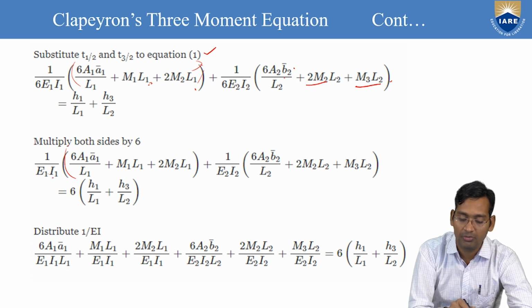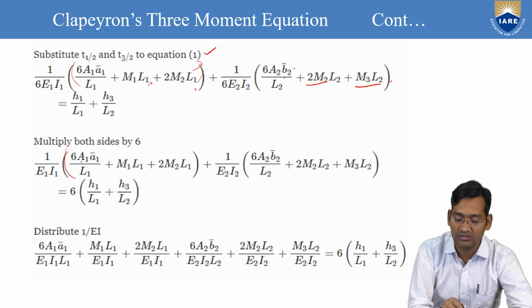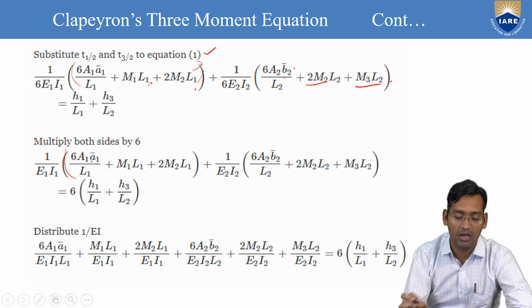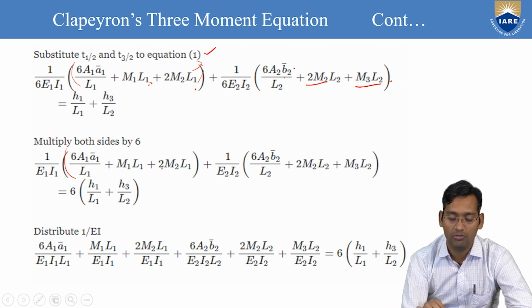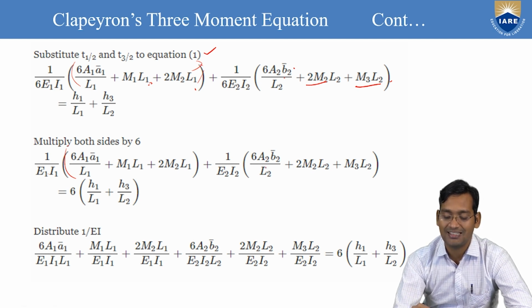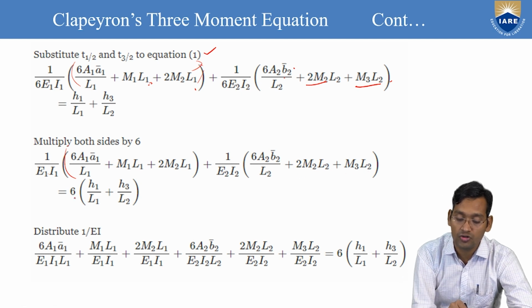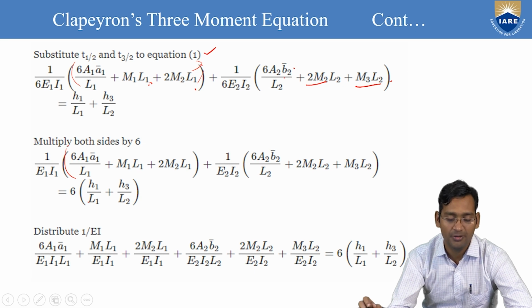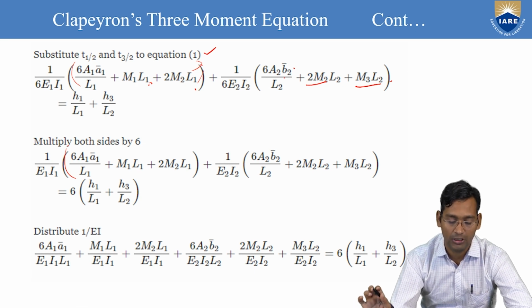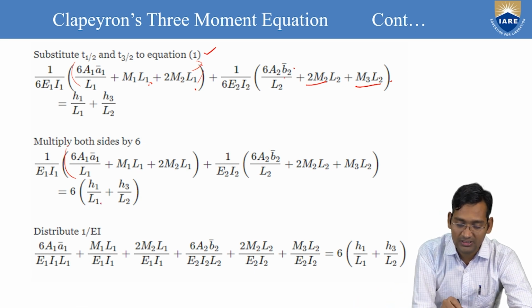So here 1 by E1 I1 into 6 A1 small a1 bar by L1 plus M1 L1 plus 2 M2 L1 plus 1 by E2 I2 6 A2 small B2 bar by L2 plus 2 M2 L2 plus M3 L2 is equals to 6 into H1 by L1 plus H3 by L2. Right?